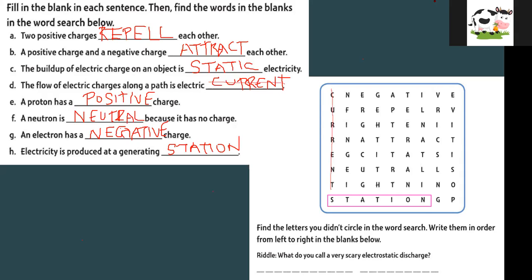Station. Good. And someone else want to find repel? Oh, I actually spelled it wrong. It only has one L. You'll be able to find it. Good. And then someone else find attract. Good.